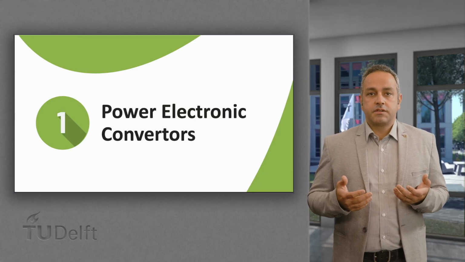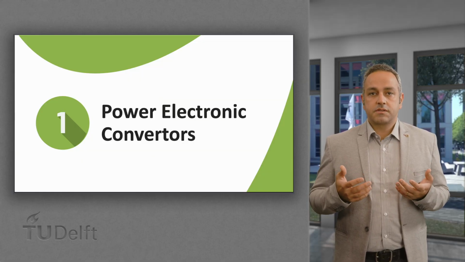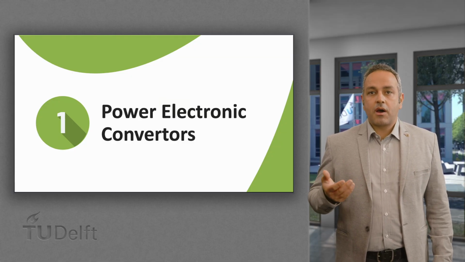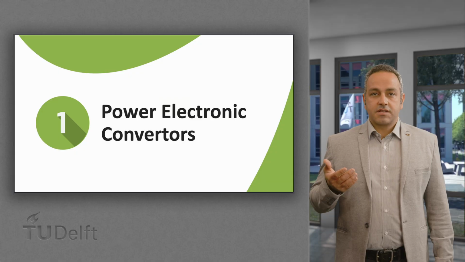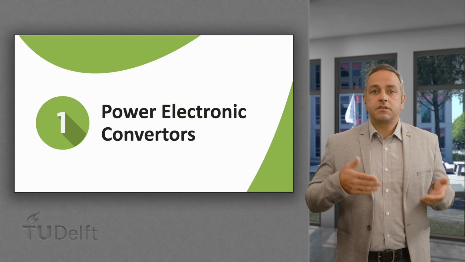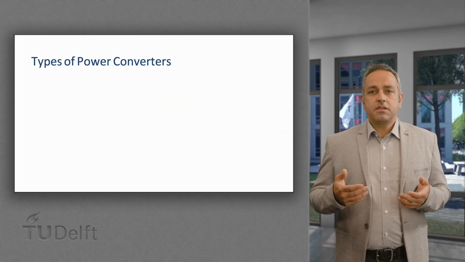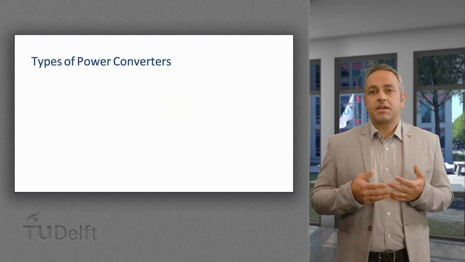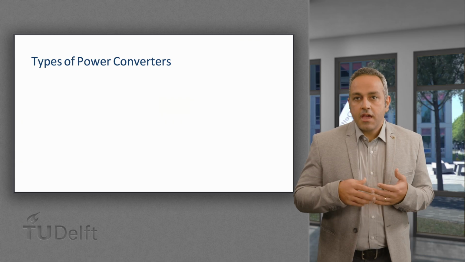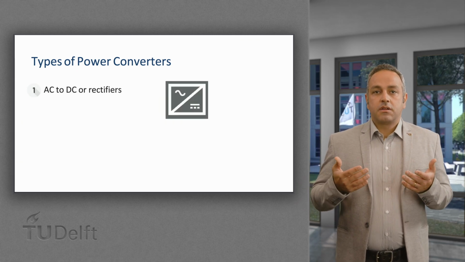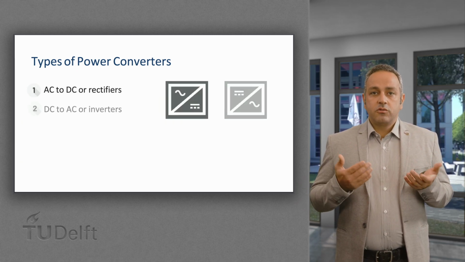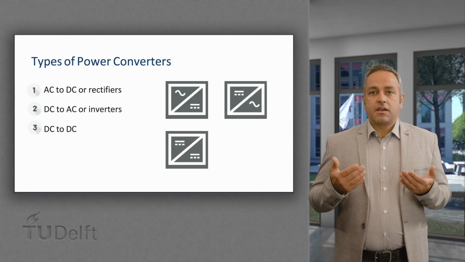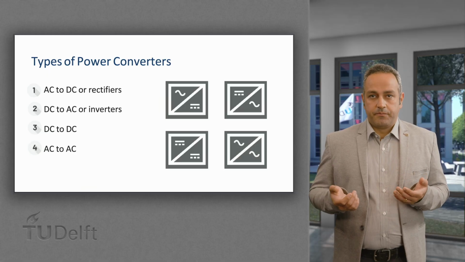Power electronic converters allow us to process and control the flow of electric energy. By means of a power converter, it is possible, for example, to convert alternating current into direct current. Based on the input and the output waveforms, power converters can be classified into four types: AC to DC, also known as rectifiers; DC to AC, also known as inverters; DC to DC; and AC to AC.